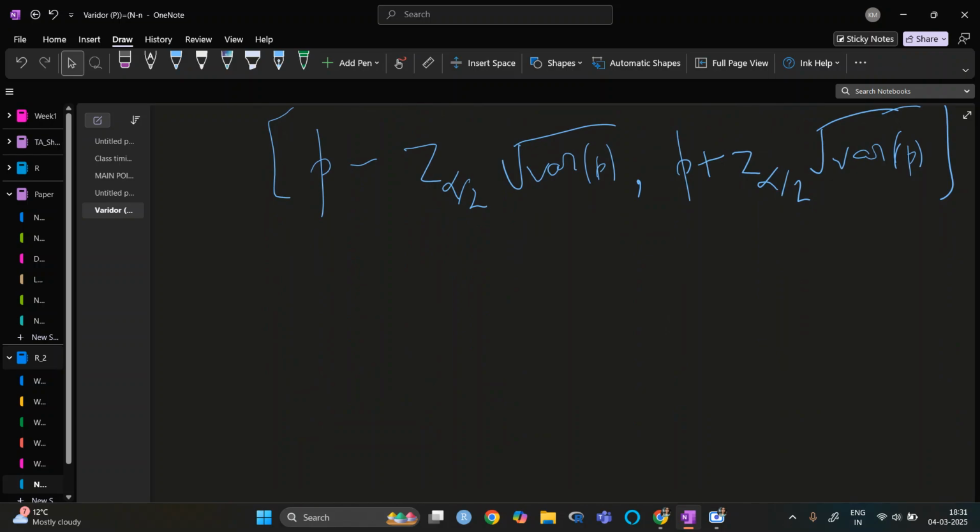Now there is one thing which is called continuity correction. When we are taking a continuous variable, let's say time or temperature, it can be in between 36.5 to 37.5, let's say.